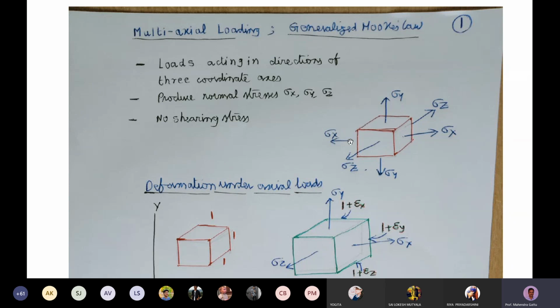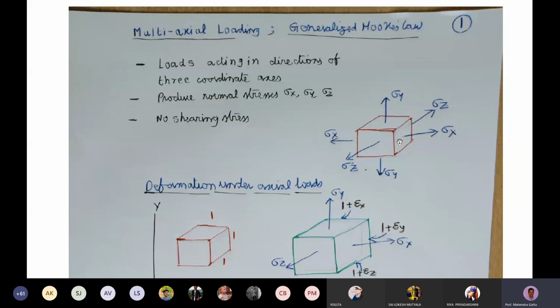To balance it, an equal opposite sigma x will act on the opposite face, and sigma y along the top face, and to balance it, a sigma y acts on the bottom face, and sigma z on the front face, and to balance it, a sigma z on the opposite face. Okay, so these are the normal stresses which are acting on these faces, and there is no shear stress acting on any of these faces.